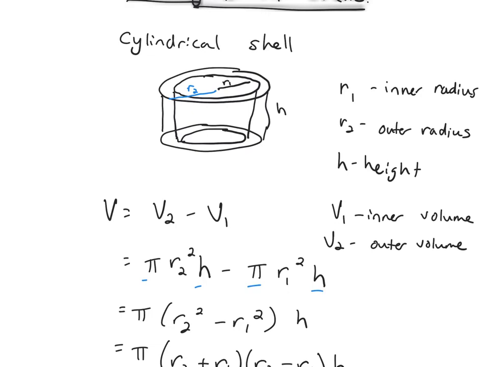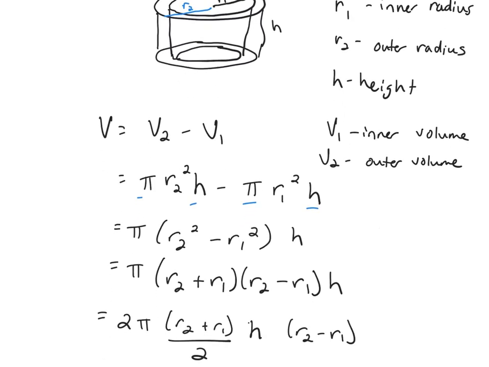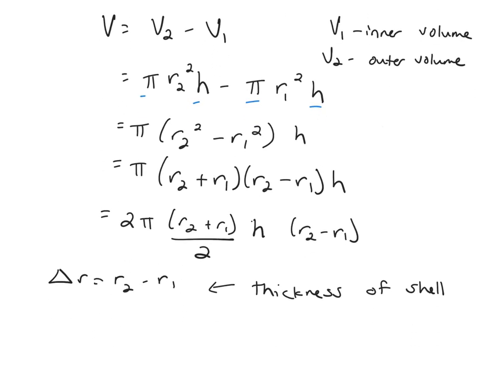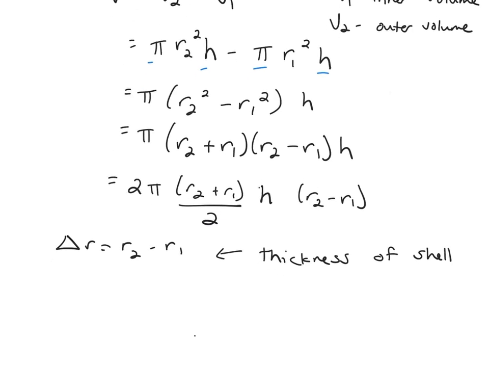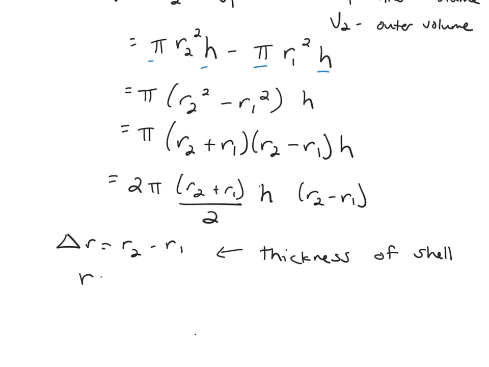So I'm just going to relabel that an R, a single radius. So relabeling, I'm going to call R2 plus R1 over 2, R.